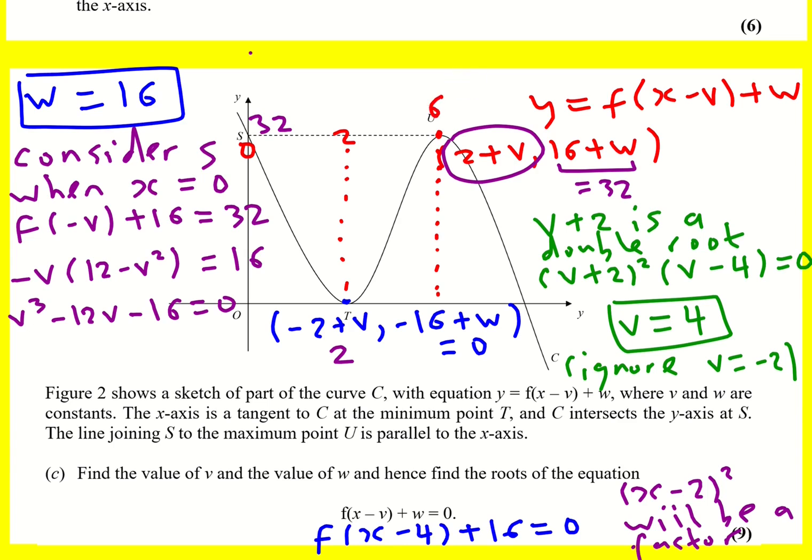So if you look at the symmetry, these are kind of symmetrical in some ways. So basically this distance here must be the same as this distance here. So you can simply take your 6 and add on 2 to get that that's 8. Now I wouldn't have thought to do that. It's a really nice method. So I thought I'd talk about it.